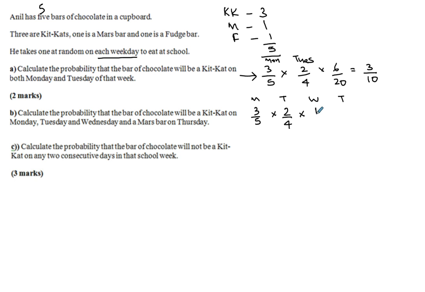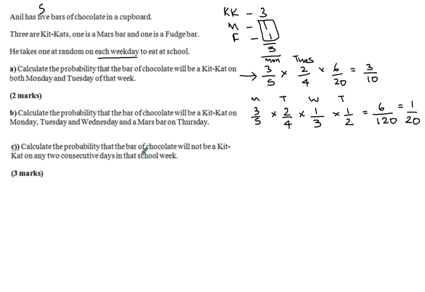On Wednesday, he'll only have 1 Kit Kat, and a total of 3. Then Thursday, he wants a Mars bar, and he'll only have 2 left, so Mars will be 1 out of 2. Multiply them straight across: 6 over 20 times 3 is 60, times 2 is 120. If you simplify, you get 1 over 20.